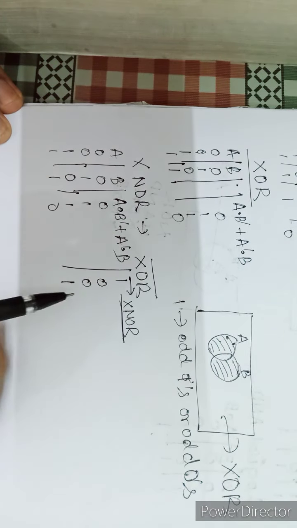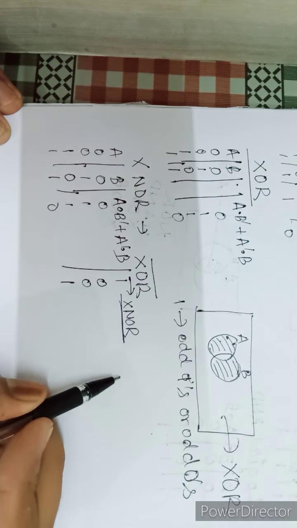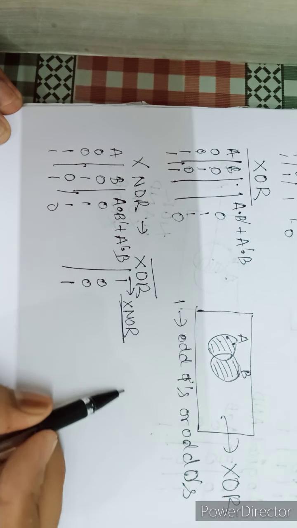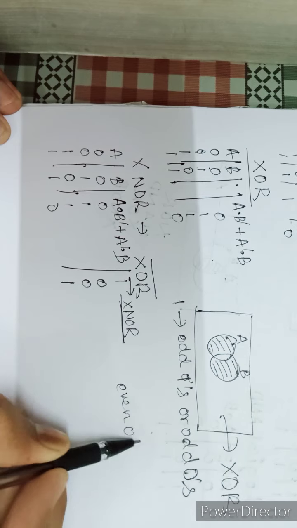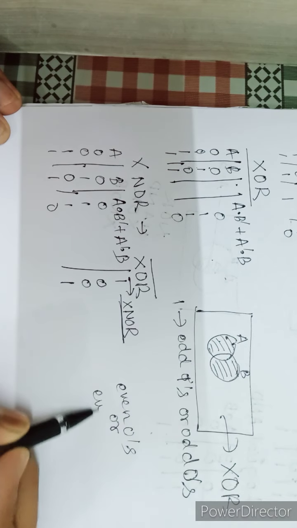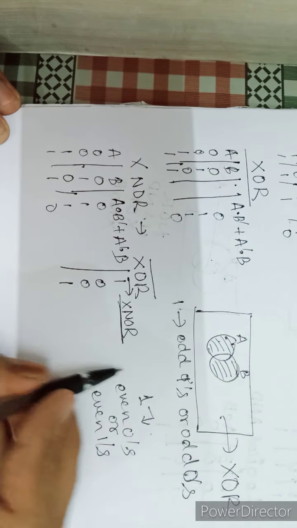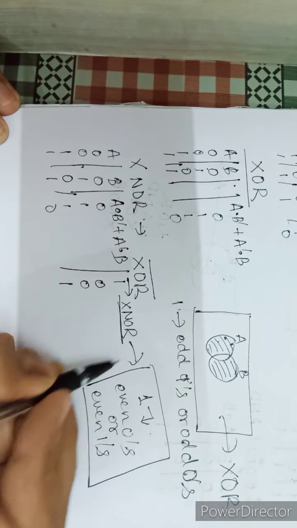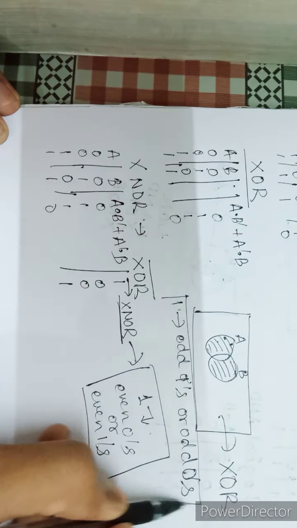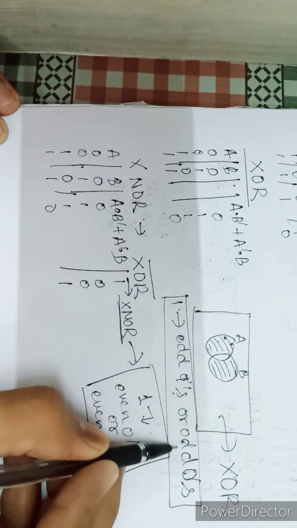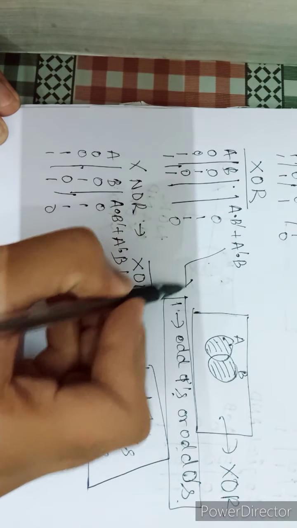So remember that XNOR will give 1 when either even zeros or even ones are there. And in XOR, either odd ones or odd zeros, then XOR will give us 1.